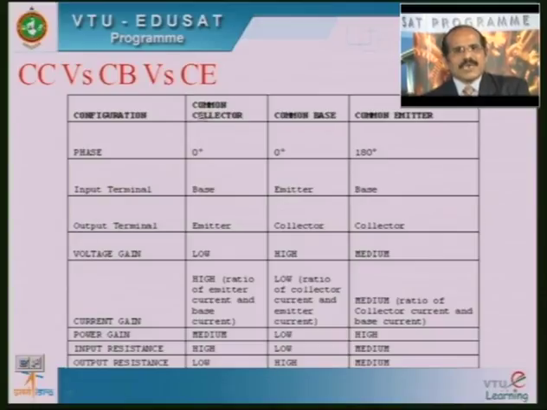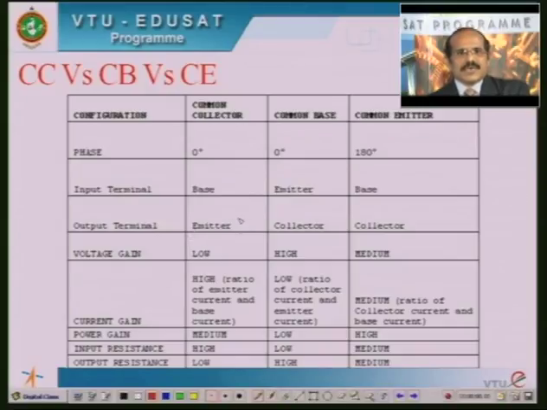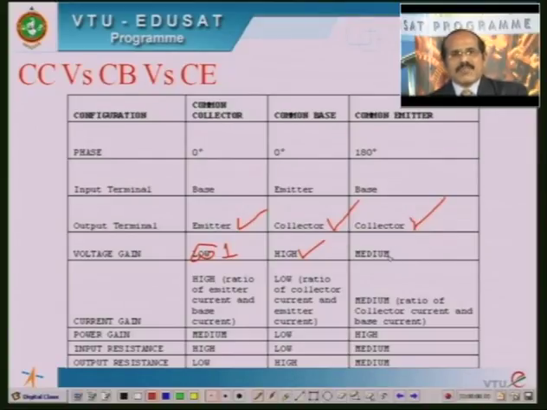The common terminal in the common collector is collector, and the output terminal is emitter. In common base the output terminal is collector, and in common emitter the output terminal is collector once again. As far as voltage gain is concerned, the common collector usually has unity gain, the common base has the higher side, whereas the common emitter has moderate voltage gain.